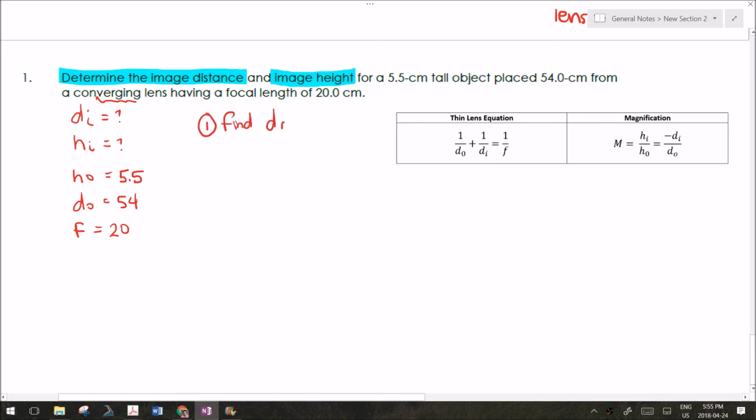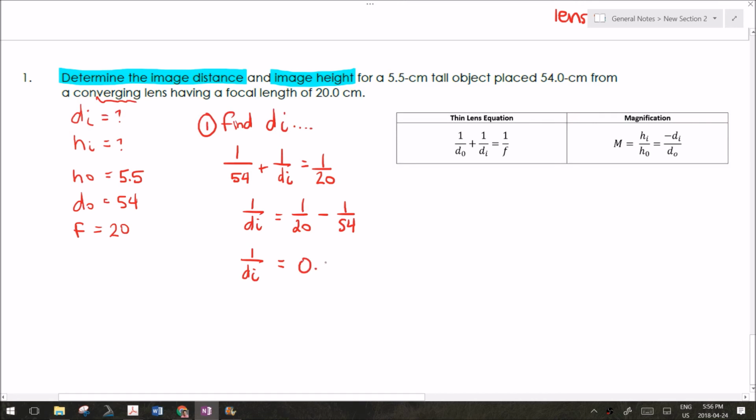So we're going to find the distance of the image. To do that, we will set up our formula. If I rearrange this, I end up with 1 over 20 minus 1 over 54. And what I'll do is I'll just convert each of those to decimal numbers that I can round to 4 decimal places.